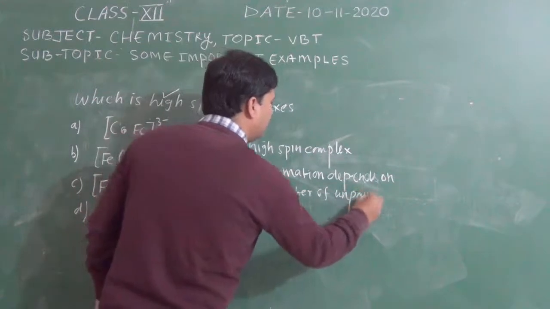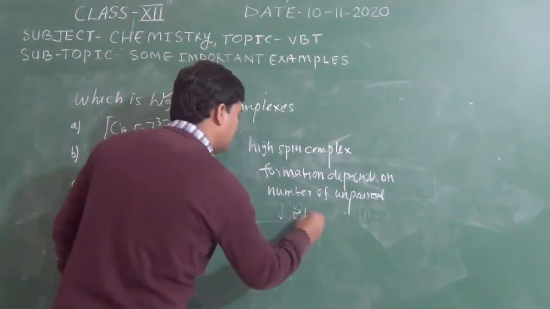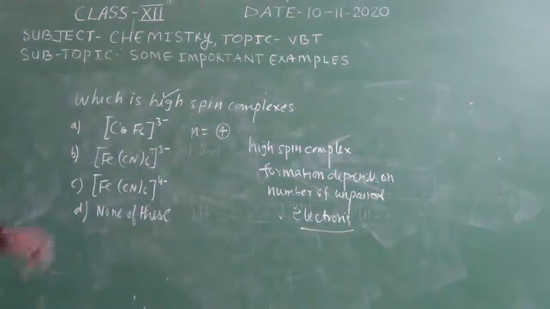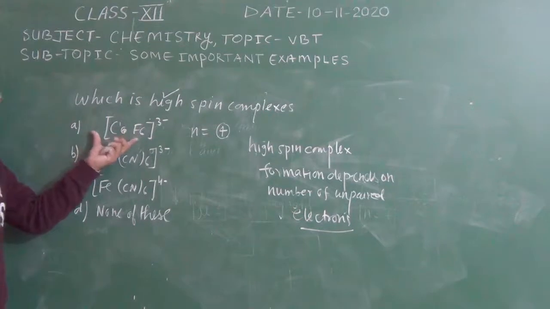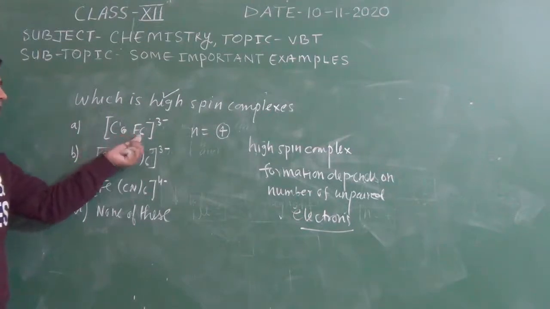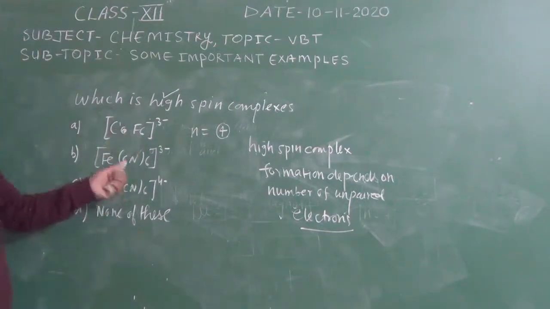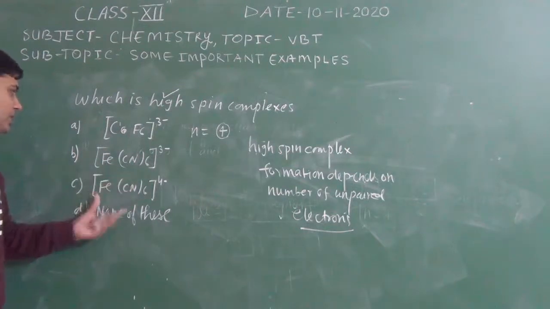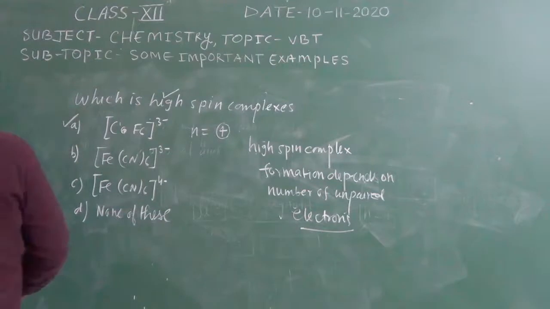In this question, CoF6 3- contains the maximum number of unpaired electrons because it has no tendency to pair the electrons, and CN- is a ligand which has a tendency to pair the electrons. So option A is the correct option.